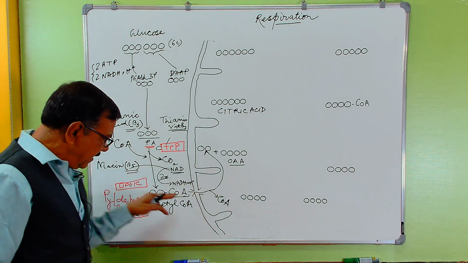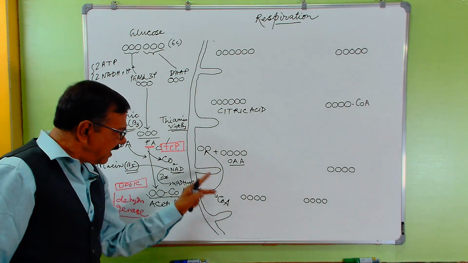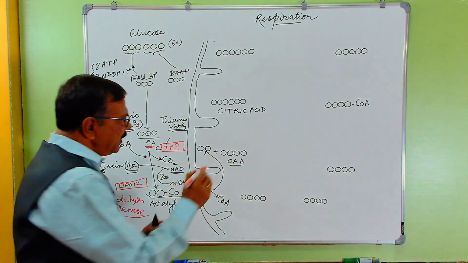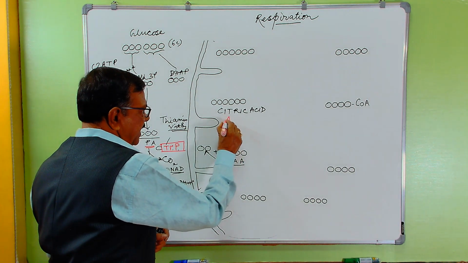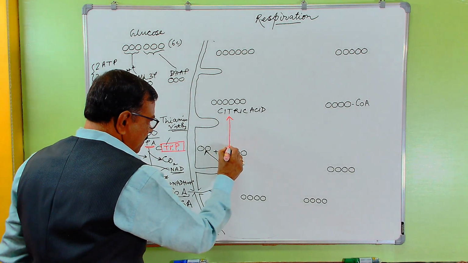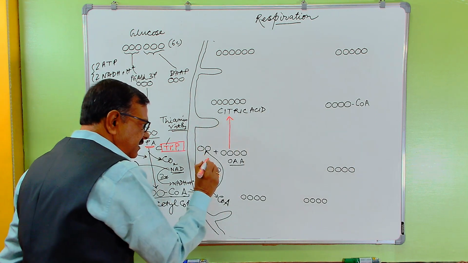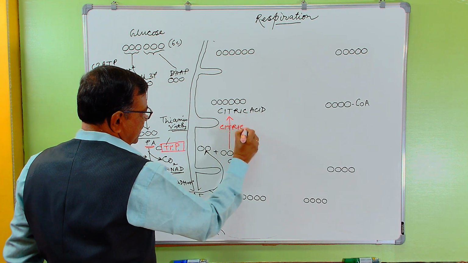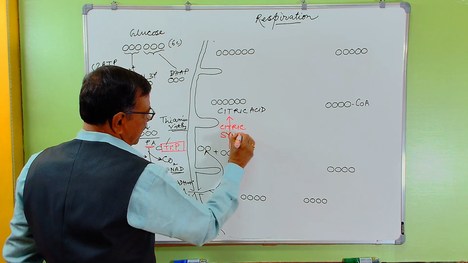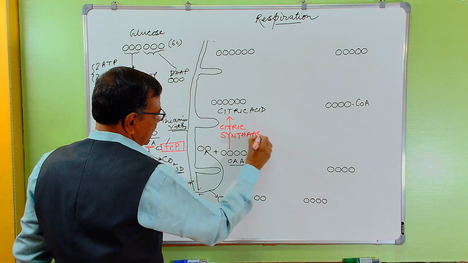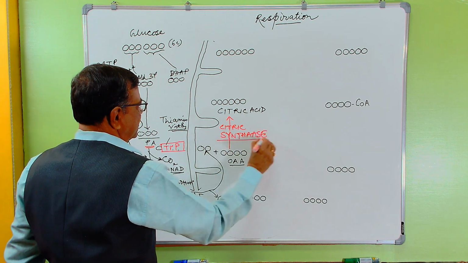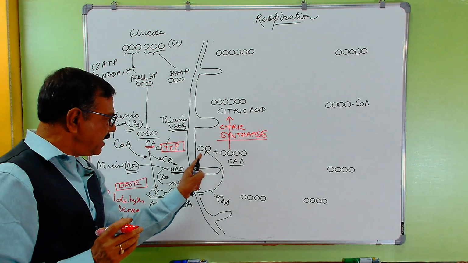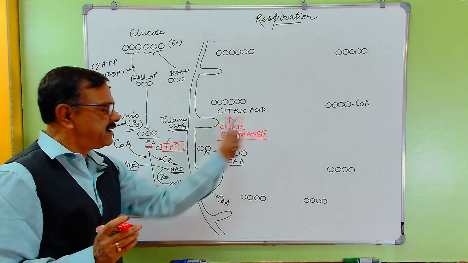Here it enters, and this oxaloacetic acid and this one are required, so it is producing citric acid. It is known as citric synthetase. Citric synthetase is the enzyme which converts the oxaloacetic acid already present in the mitochondria. It mixes with 2 carbon and produces citric acid.